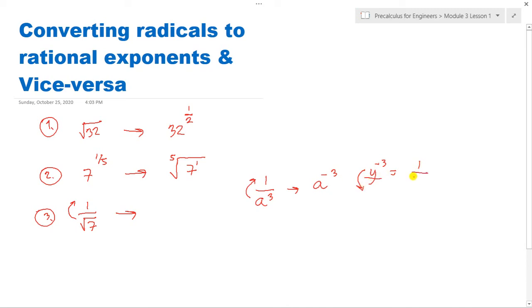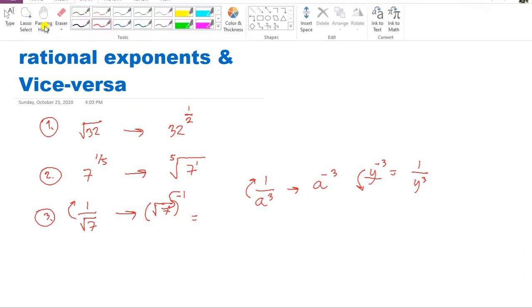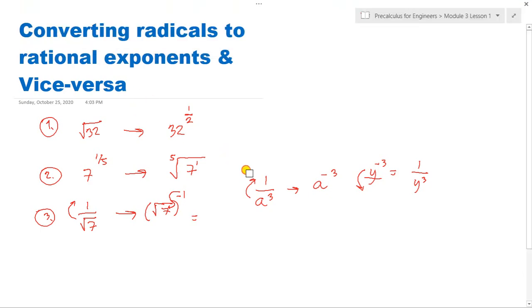So, 1 over y cube. Ganun lang din yung gagawin natin na square root of 7. I-bring lang natin upward. So, we have here square root of 7, but yung exponent niya is negative 1. Then, remember class, yung negative 1 dito, pwede mo ito insert sa loob. Kasi applying the properties. So, this would be equal to, so, erase muna natin to.